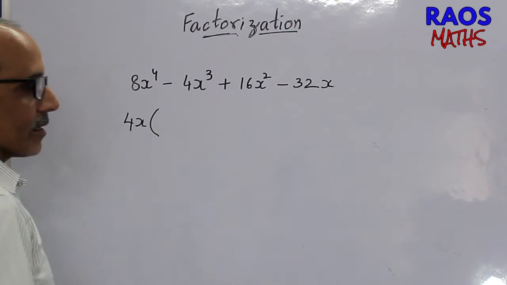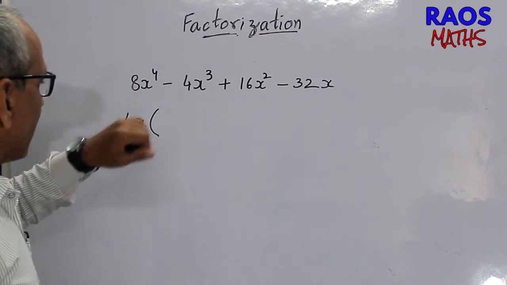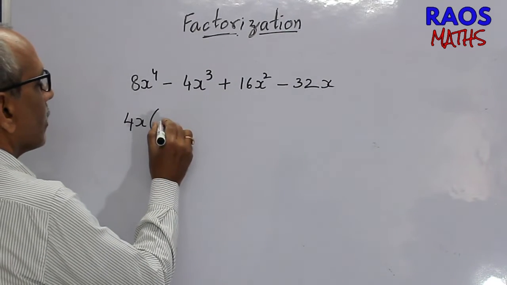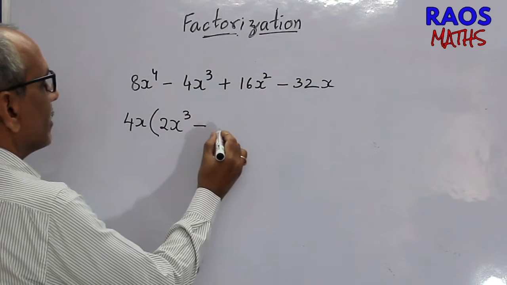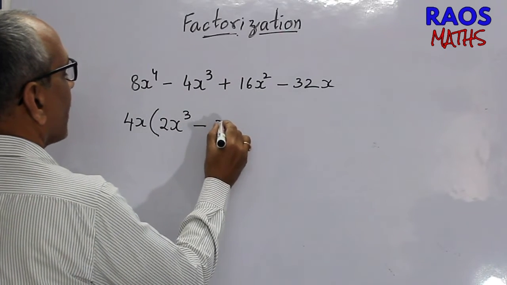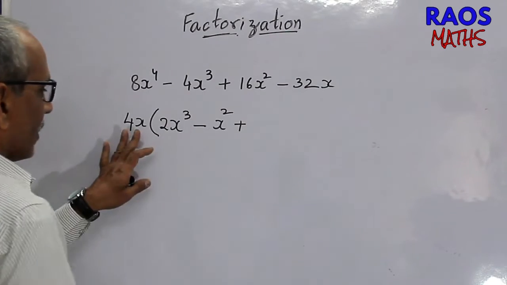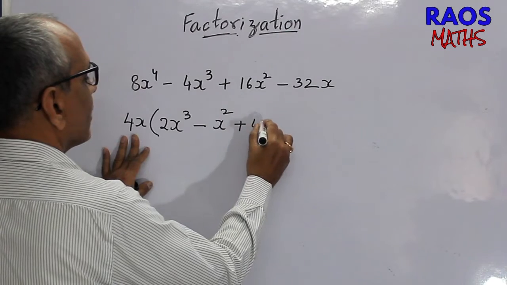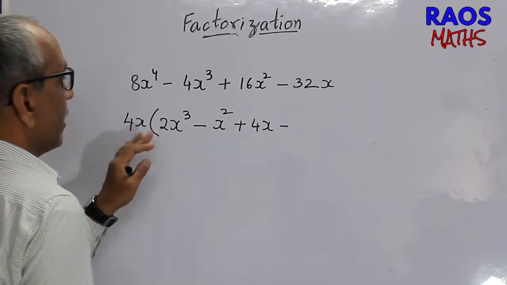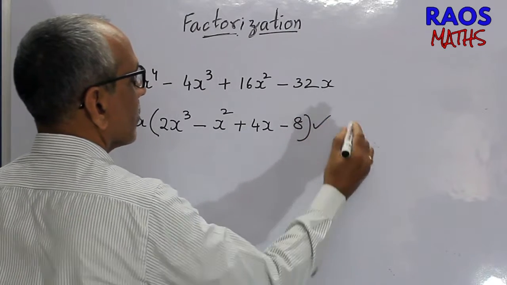The common factor, that means the other factor of the first term out of 8x power 4 is 2x square, x cube minus x square plus 16x square. If I take 4x as the common factor, the other factor is 4x minus 8.